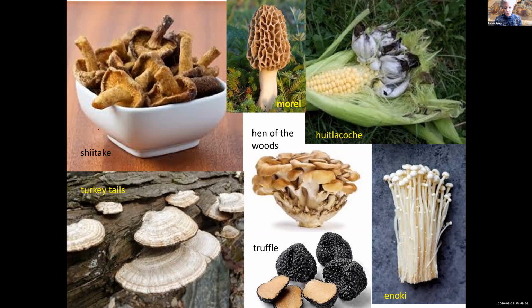So depending on where you live, different species of fungi grow and are used in cooking, but almost every culture has some kind of delicacy of different kinds of fungus, ranging from shiitake and enoki mushrooms in Asia to morel and truffle mushrooms in Europe, and in Central America, huitlacoche, which is the corn fungus, a type of mushroom that grows on corn.